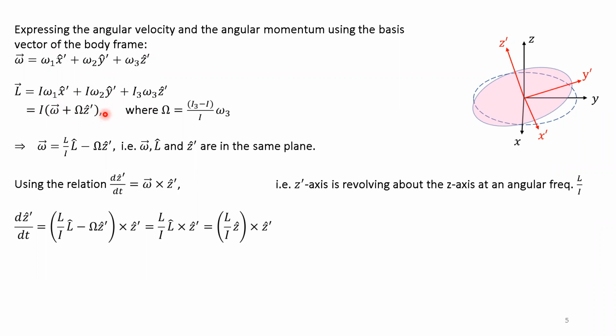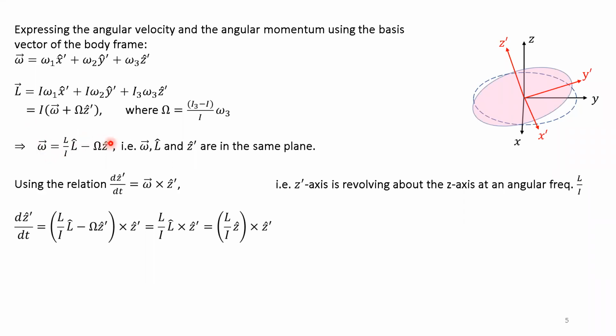Okay, so now I have L and I have omega, and you realize that the omega can be written as the subtraction of these two terms over here.